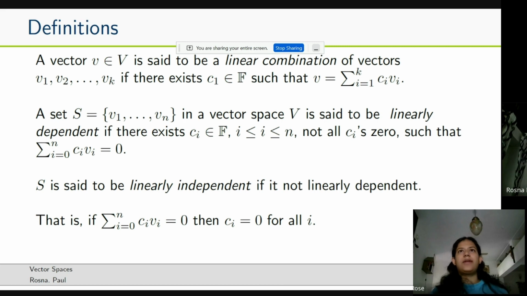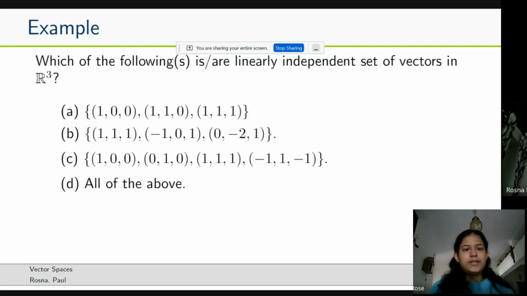If we can only write this with all the ci's 0, so the only possible way to write this is to make all the coefficients 0, then they are linearly independent. I hope that I didn't make you confused. Maybe let's try an example to make sure that you are not confused with the definitions. The question is: which of the following is or are linearly independent set of vectors in R3?